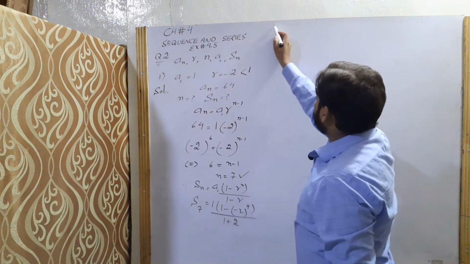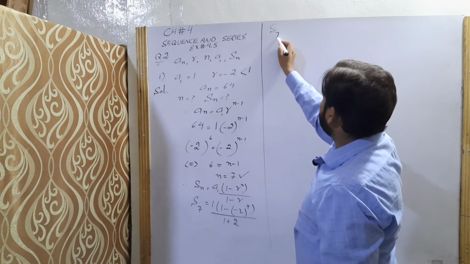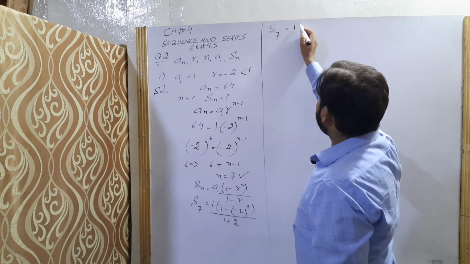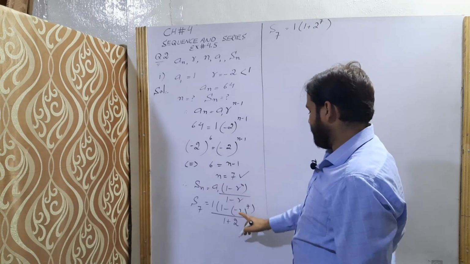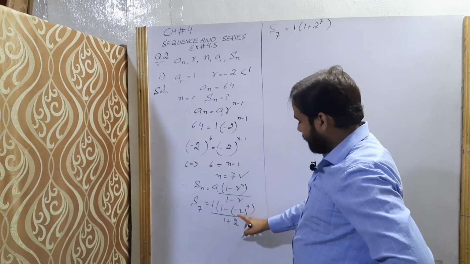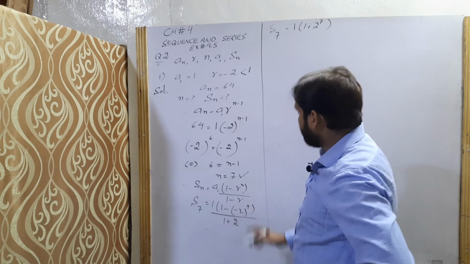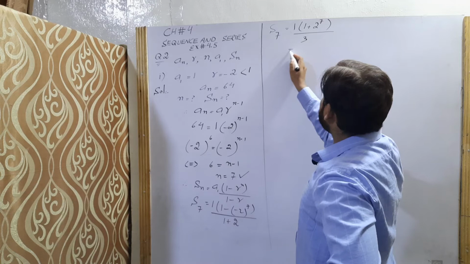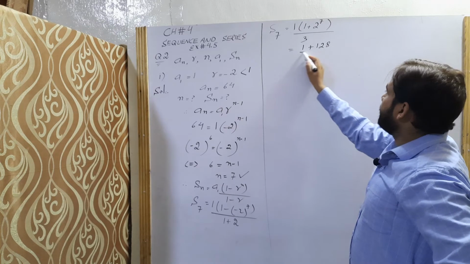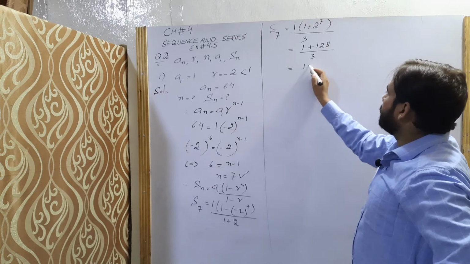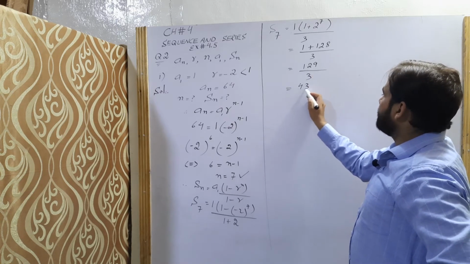So this is equal to S7 is equal to 1 into 1 minus plus 2 raised to power 7, because minus 2 raised to power 7, minus minus plus, because there is an odd power, so there is a negative sign, so negative negative positive, divided by 3, and this is equal to 1 plus 2 raised to power 7, this is equal to 128 divided by 3, and this is equal to 129 divided by 3, this is equal to 3 4s are 12 and 3 3s are 9.